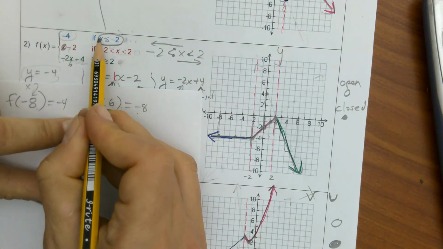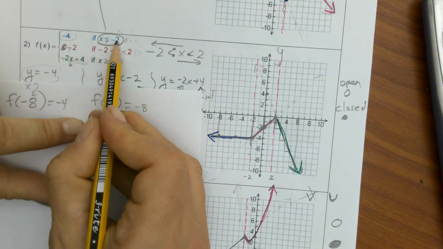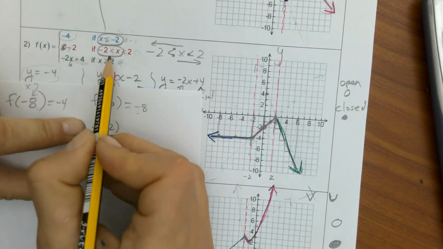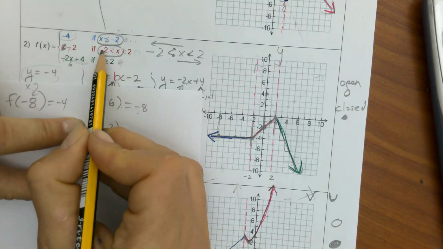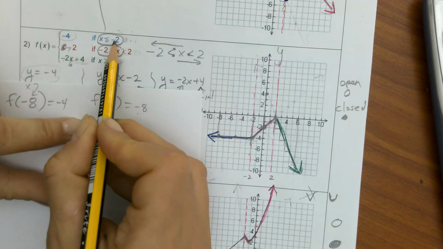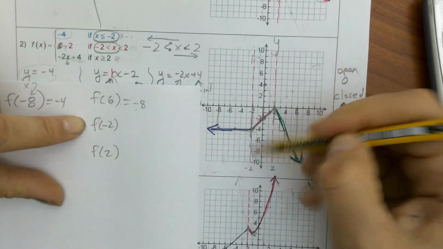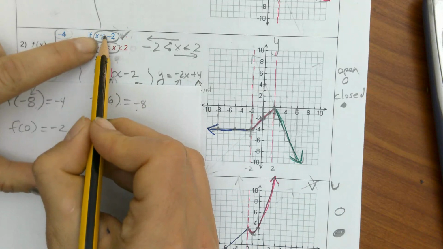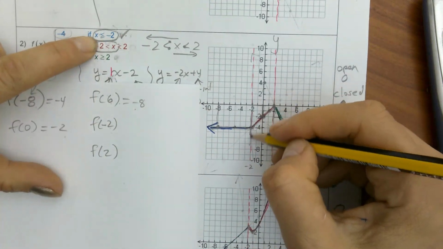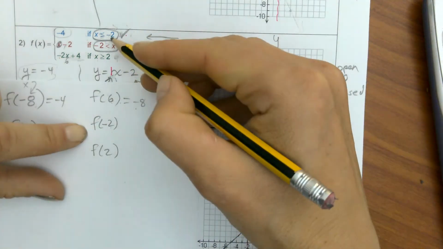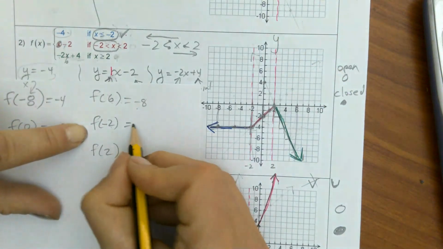Here this says x has to be bigger than negative 2. It can't be equal to negative 2. So on the boundary right here, you have to use the blue one. Okay, so here it says when x is negative 2, use the blue one. So the answer is negative 4.